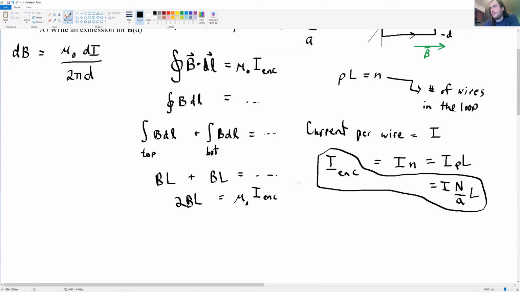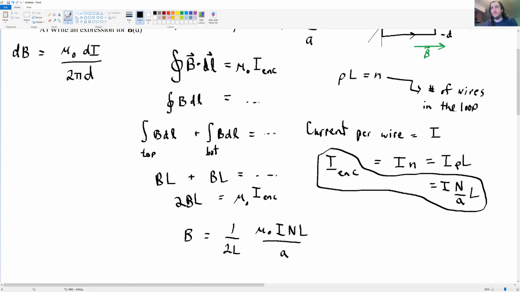So we can plug that in and simply divide both sides by 2 and cancel L, and we have our answer here. So B equals, let's go ahead and put 1 over 2L out in front, and then mu 0 I n L over A. Right.